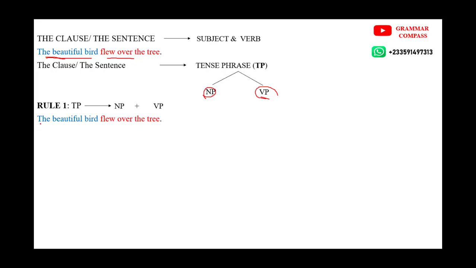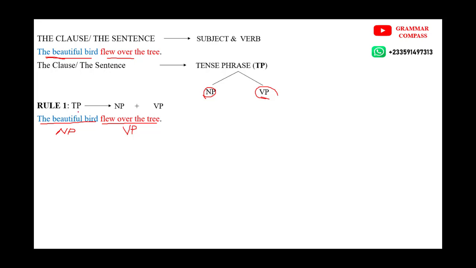Obviously, it is this part, the beautiful bird. So the beautiful bird becomes our NP. And which part forms our VP? It will be the predicate, that is, flew over the tree. It will become our VP. These are the two major constituents of the tense phrase.